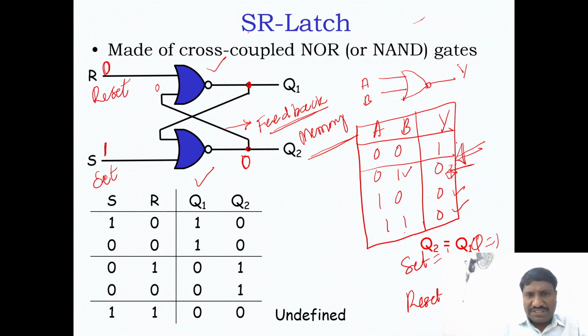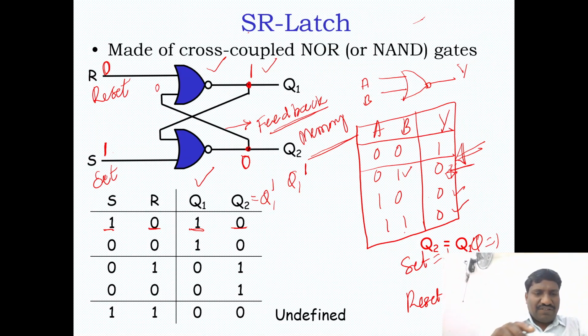For 0, 0 the output is 1. So when S is equal to 1, the Q output is equal to 1. This Q2 is nothing but Q1 bar. So what is proved is that when S is equal to 1 and R is equal to 0, Q1 is equal to 1 and Q2 is equal to 0, where Q2 is nothing but the Q1 complement.